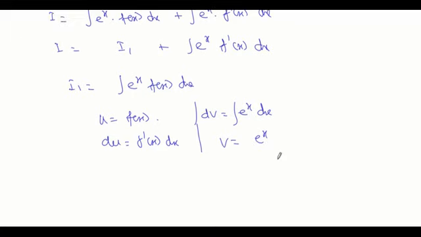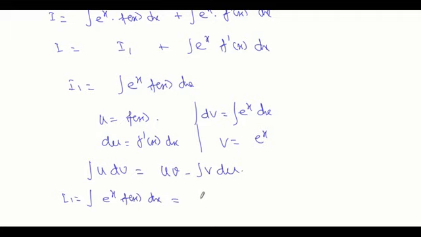Now I'm going to replace this in the formula. We know the formula integral u dv equal to uv minus integral v du. Substituting, I1, integral e power x f of x dx is equal to uv, that means e power x f of x minus integral v du, e power x into du, which is nothing but f dash of x dx.